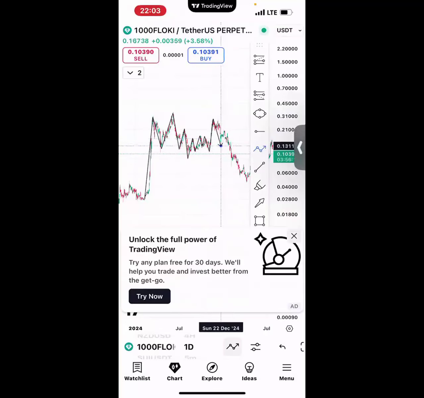You can see we are following this market structure now, and it's doing something like this. You can see the market continues to go. It has started this downtrend now.